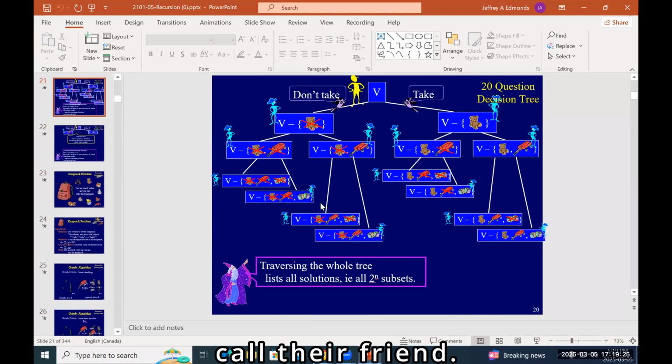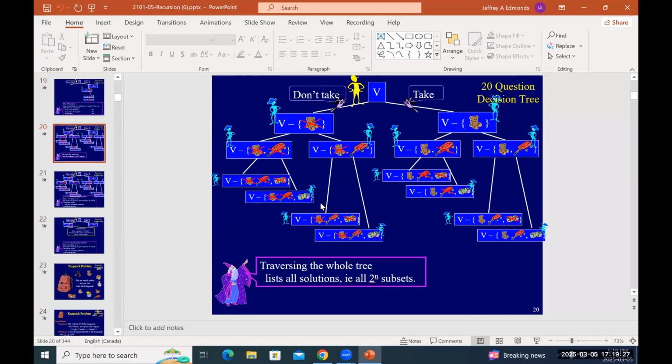They call their friend. Because I'm given n objects, and I give my friend n minus 1 objects. Any path down this, there's me, my friend has n minus 1, his friend has n minus 2. No, there's no loop.